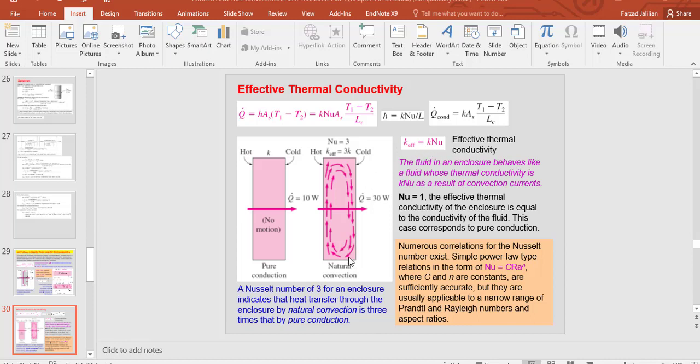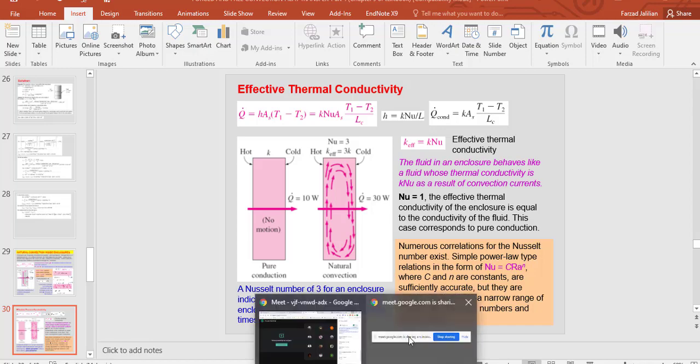So I mean, instead of saying we have convection, we can say we still have conduction, but the thermal conductivity of the fluid is changed from k to k effective, which is equal to normal k times Nusselt number.